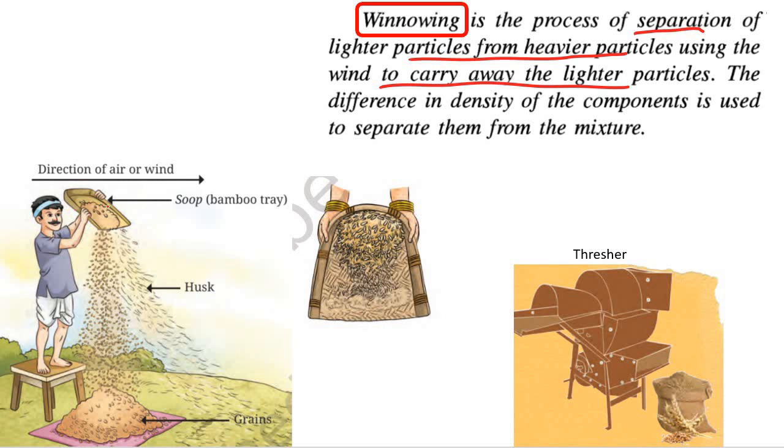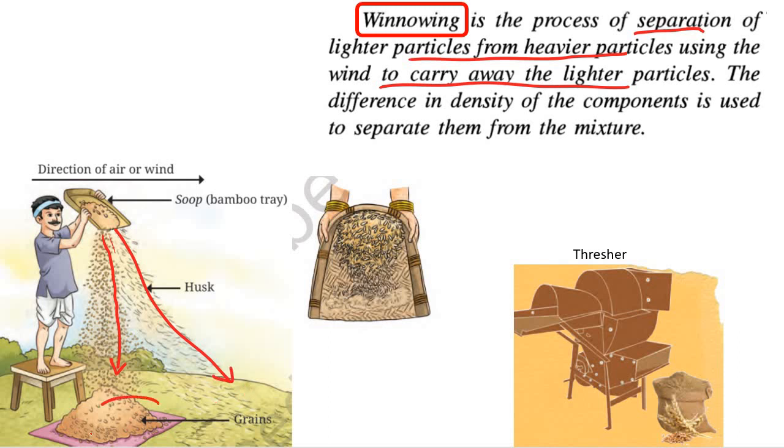So the mixture of husk and grain you can find over here. Now using gravity, they are both falling, but since the grains are more dense, as a result they are heavier, they are falling over here, whereas the husk is being blown away by air and they are being separated.